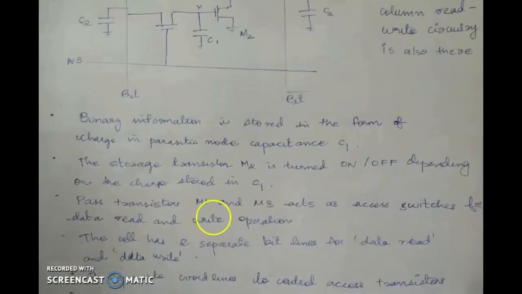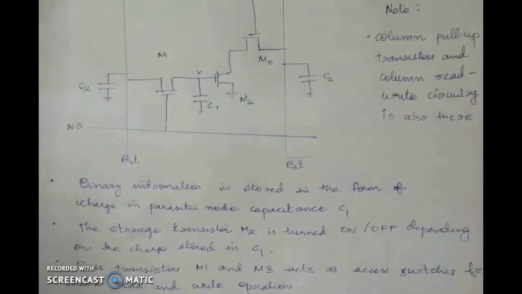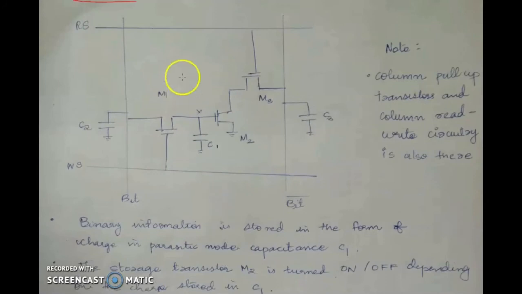Then the pass transistors M1 and M3 act as switches for data read and data write operations. Unlike the previous case, you can see there are 2 separate word lines. One is for read operation, read select, which will be on during read operation, and the other is word select, which will be activated when write operation takes place.